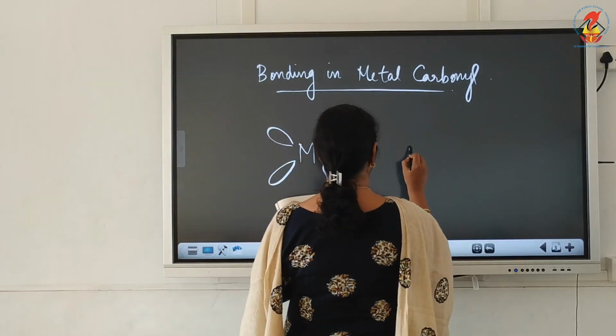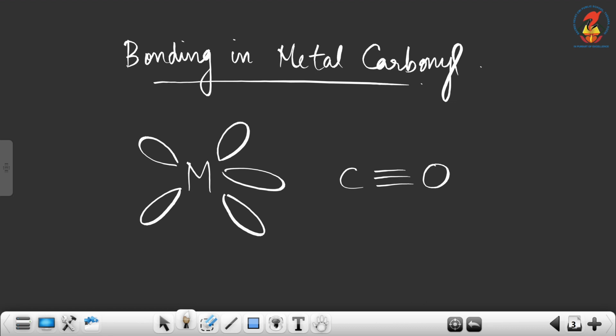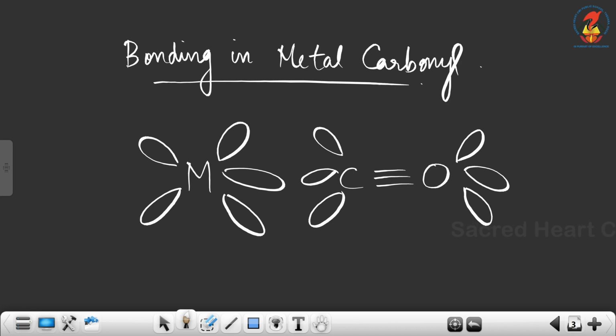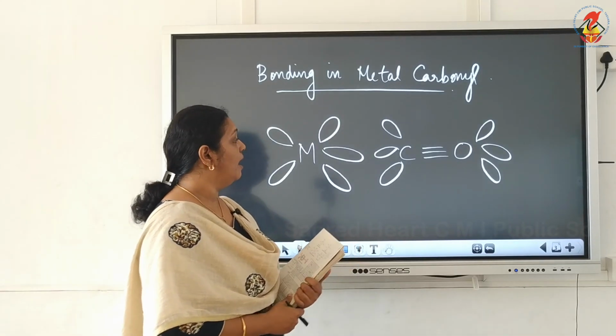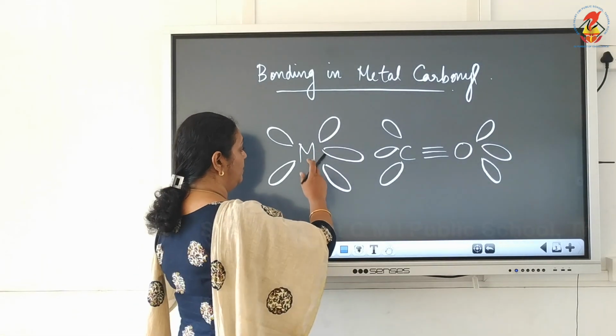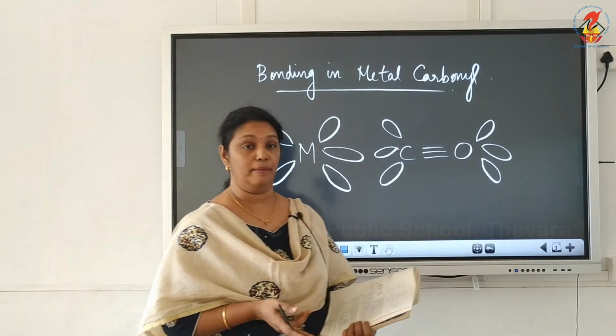Now we have here C triple bond O. This is our carbonyl group with oxygen carrying orbitals, and also we have orbitals on the carbon atom. Now, let us see how a bond is formed between the metal and the carbon.